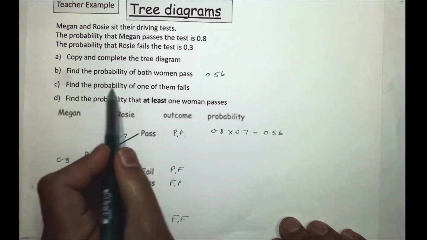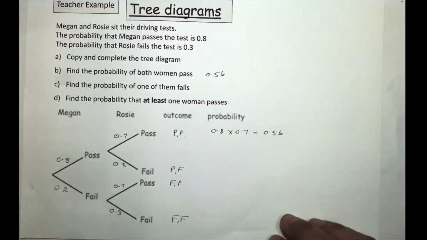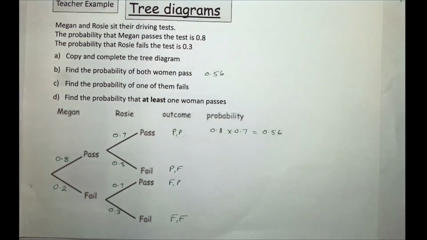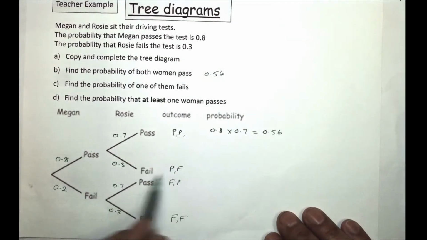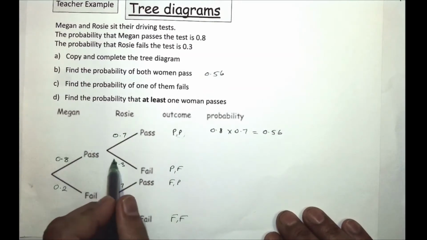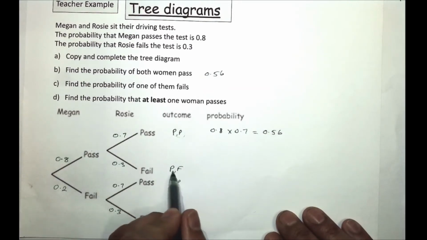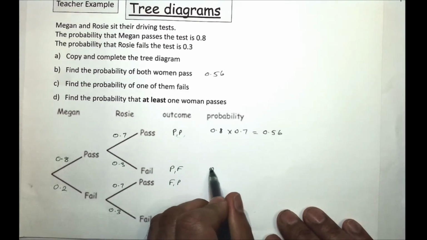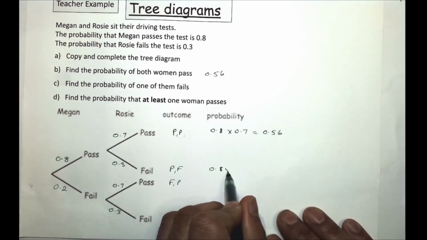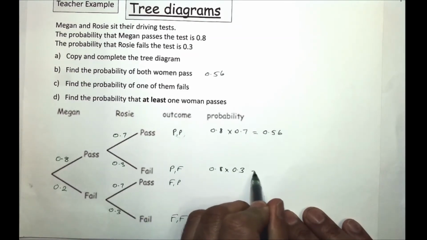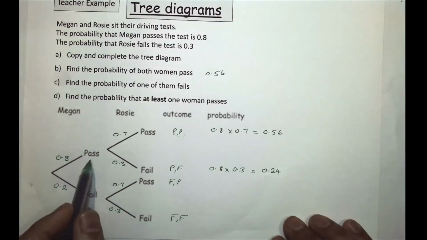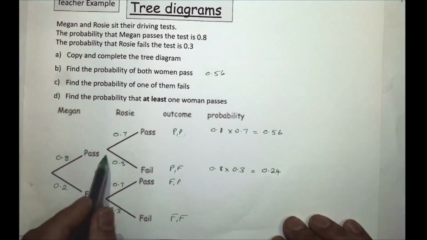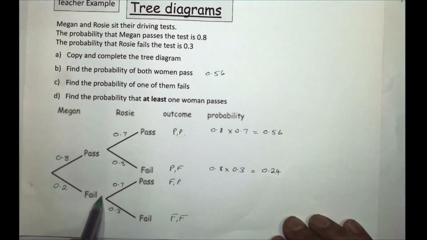Next, find the probability that one of them fails. So that will be either one of them failing. That will be either Megan passes and Rosie fails, so that's 0.8 times 0.3, which is equal to 0.24. Or it'll be Megan failing and Rosie passing, so fail pass.